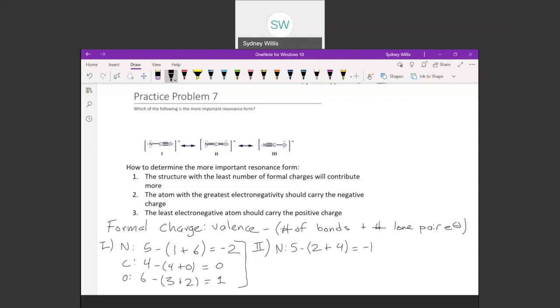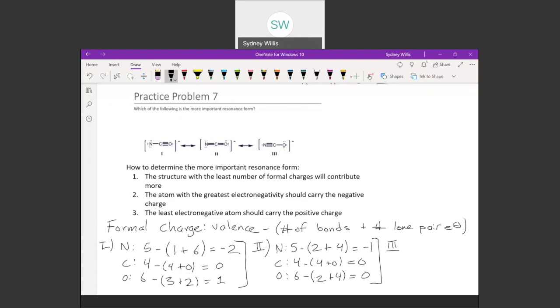And then we have carbon, which is again bonded 4 times with no lone pairs. So it has a formal charge of 0. And then if we have oxygen, it's going to be 6 minus, it's bonded 2 times and it has 4 lone pair electrons. So that's also going to be 0. And then the total is again equal to -1. So we know that we did that right.